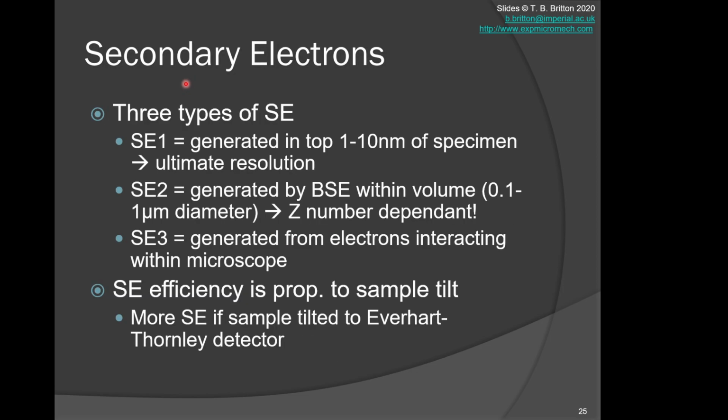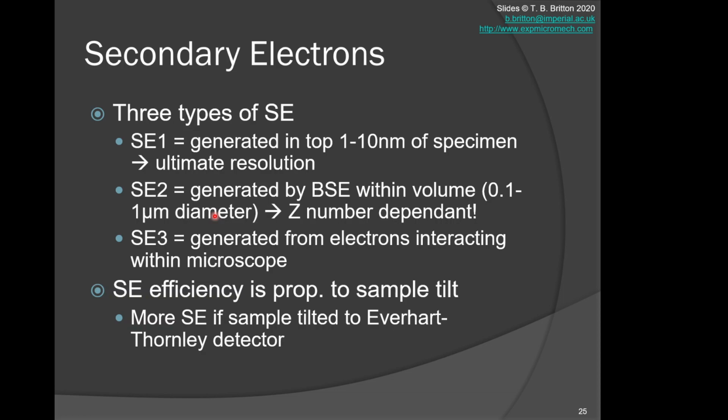Now, there are several types of secondary electrons. There's the SE1 electrons. These are generated from your actual sample, from the primary interactions of your primary beam promoting electrons from your surface. The SE2 electrons are where your primary beam has scattered lots in your sample, and will then produce backscatter electrons. Those backscattered electrons will then generate the secondary.